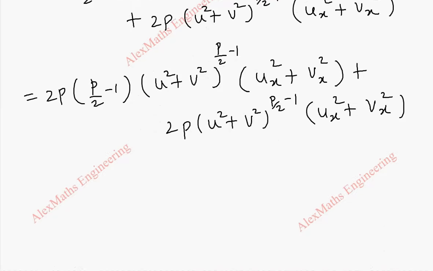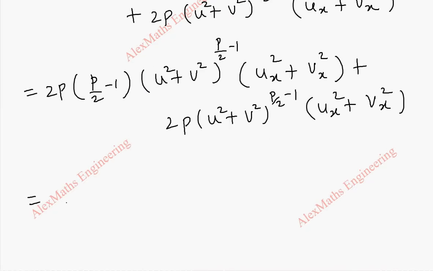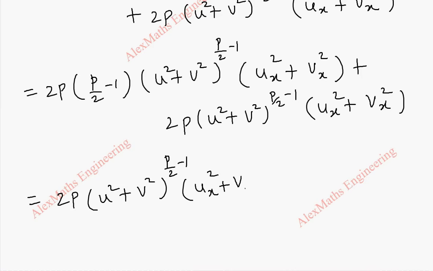Now we shall take the common terms in both the terms. 2p is common, then u square plus v square power p by 2 minus 1 is common, and ux square plus vx square is common. After taking common, the remaining term is just this p by 2 minus 1, and here nothing is remaining, 1 is remaining. So p by 2 minus 1 plus 1.